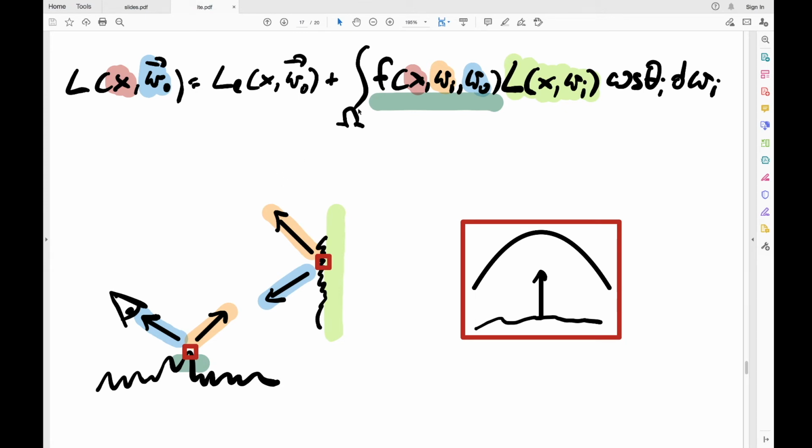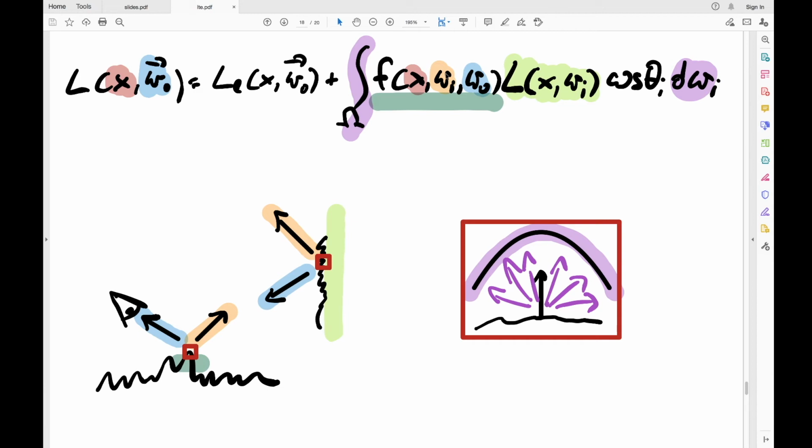So that means we basically have a recursive function here. The light transport equation is a recursive function, and even more so, we're integrating over all possible light directions over the hemisphere above the surface point that we're interested in. We have to evaluate all possible light directions, and those possible light directions have a statistical probability associated with them.